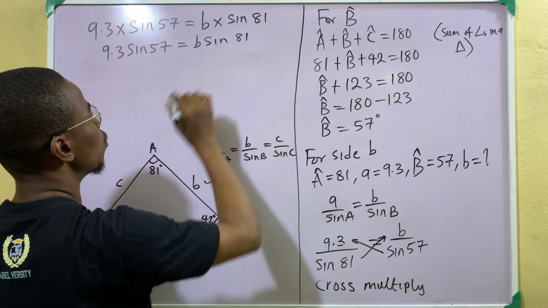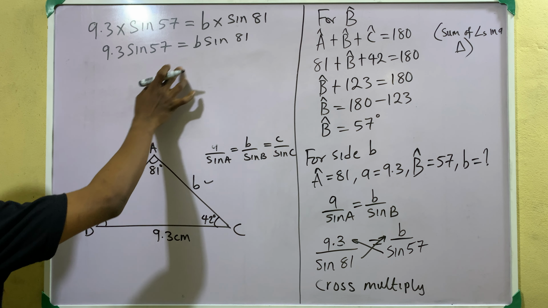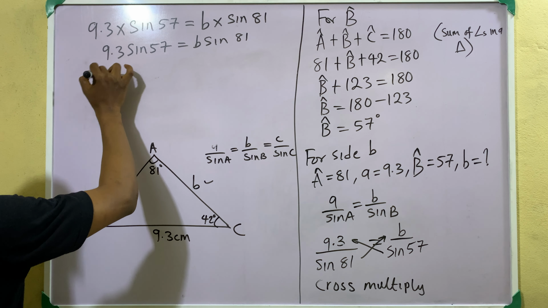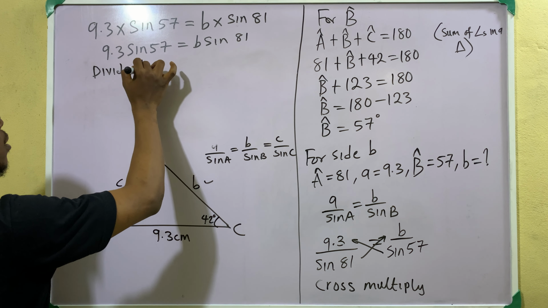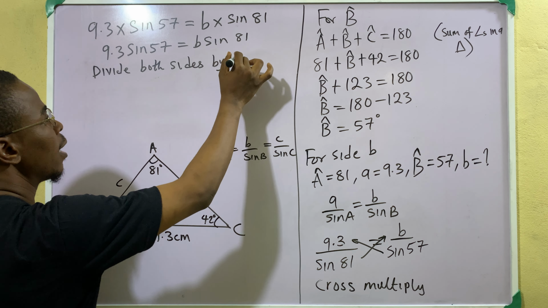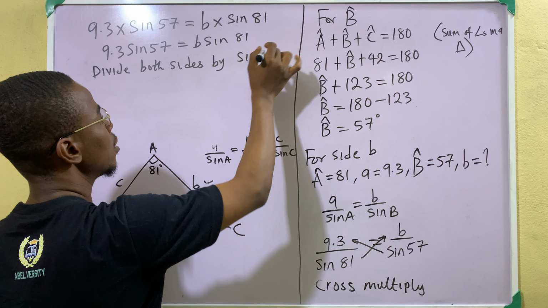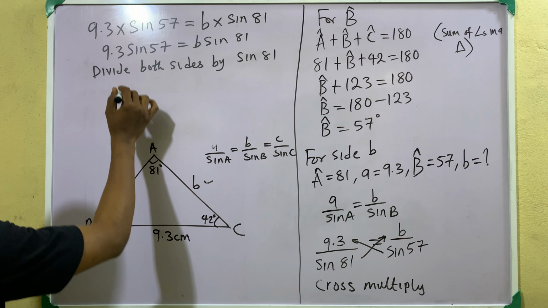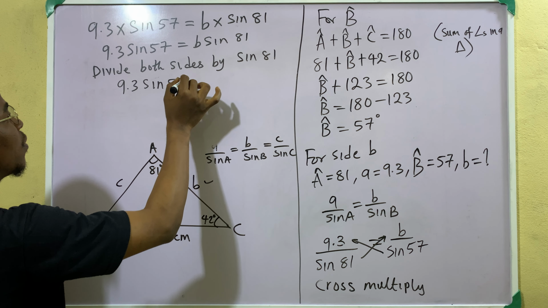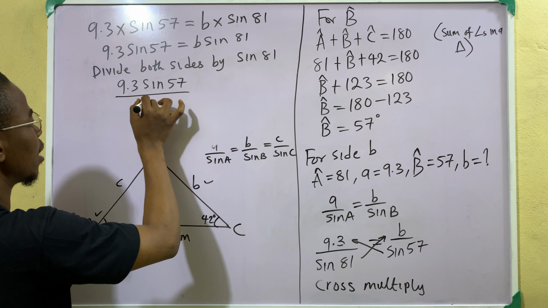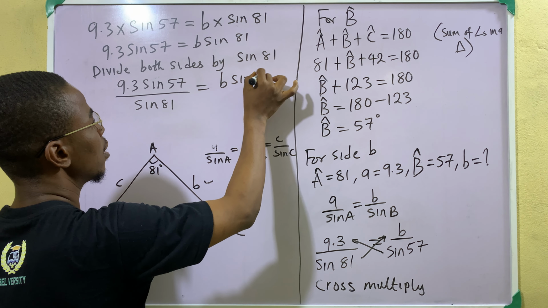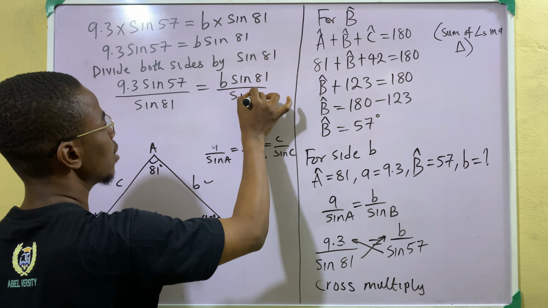Now from here, we still want to make b the subject of the formula. So we have to divide both sides by what? Sine 81. I'll say divide both sides by sine 81. So we're going to have 9.3 sine 57 divided by sine 81 equal to b sine 81 divided by sine 81.